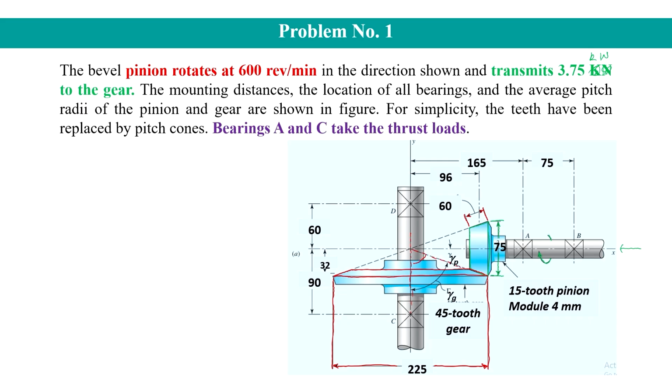So, this angle is gamma, the pitch cone angle of the gear. Similarly, pitch cone angle of the pinion will be the angle between axis of rotation of the pinion and the pitch cone of the pinion. That means this one, and it is shown here as gamma p.